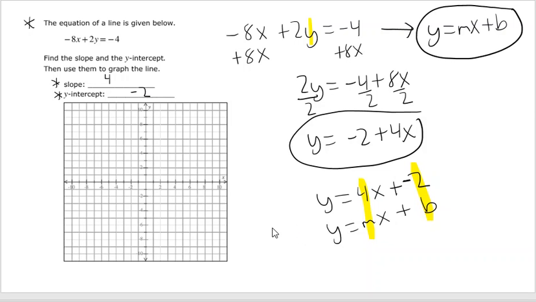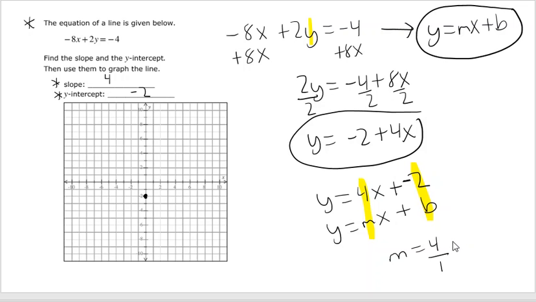And then the last step of this, I believe, was to graph the line. So you would first plot the y-intercept of negative 2, and then if your slope is 4, remember slope always needs to be a fraction of the rise over the run. So you would actually write this as 4 over 1.